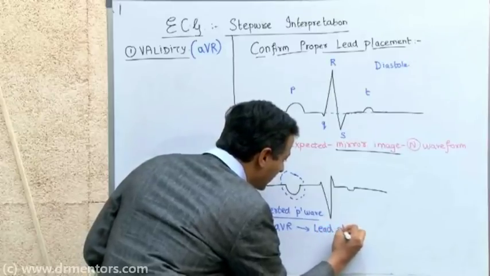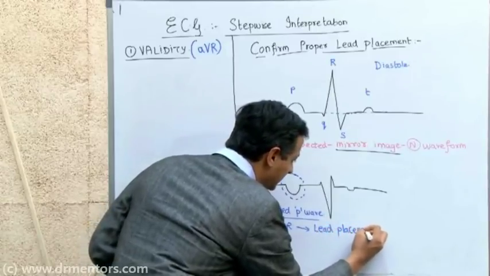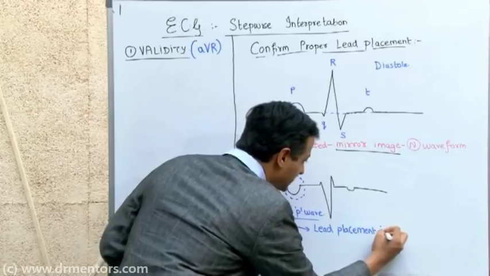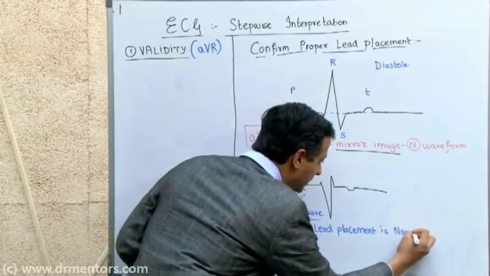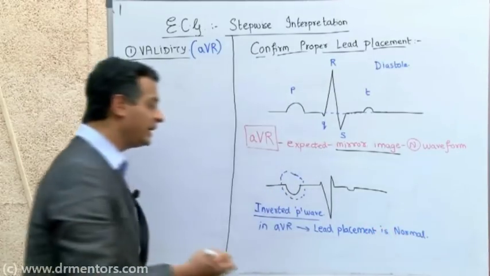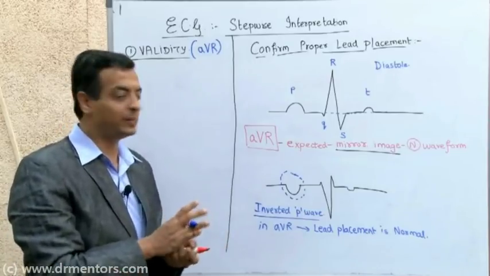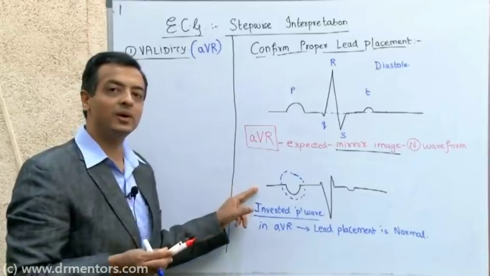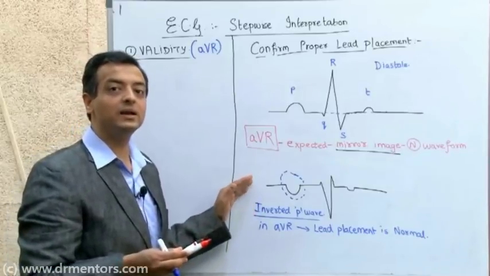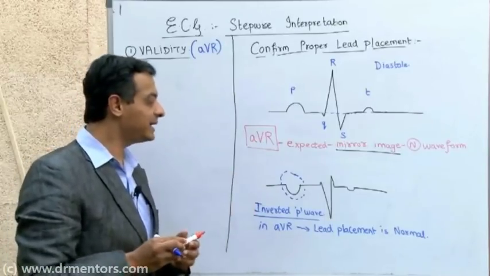This is how you are going to read the ECG. It is very uncommon where there is retrograde conduction of the P wave to cause this abnormality.